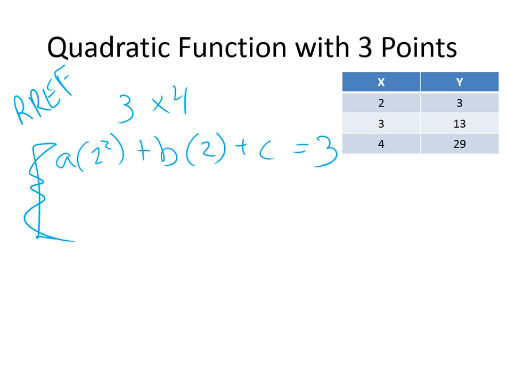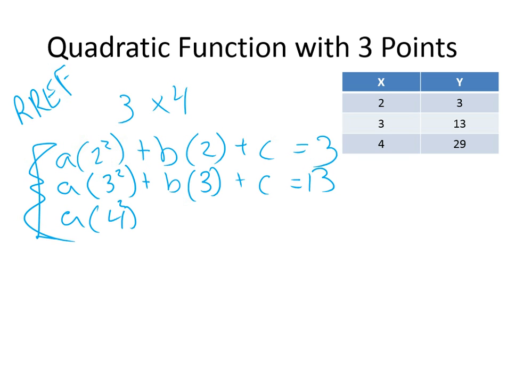There would be your first one. The next one would be a times 3 squared plus b times 3 plus c is equal to 13, and then a times 4 squared plus b times 4 plus c equals 29.